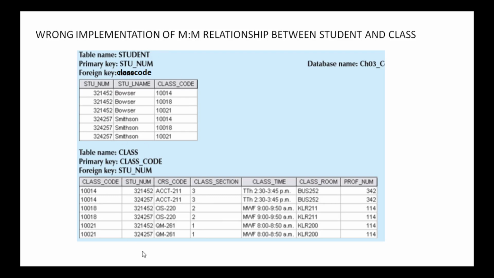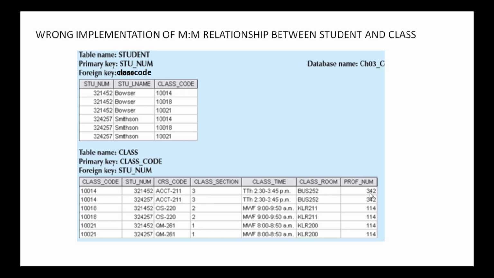I am coming to the class table, 10014 primary key. But in this also those values are repeated a number of times, which does not give unique identification of each and every class. 10014, 321452, course code ACT 211 and class section 3, timings 332, 345, classroom 252, professor number 342.